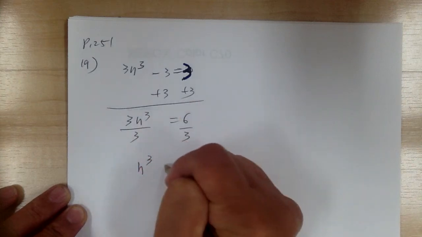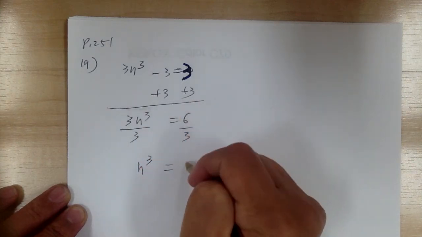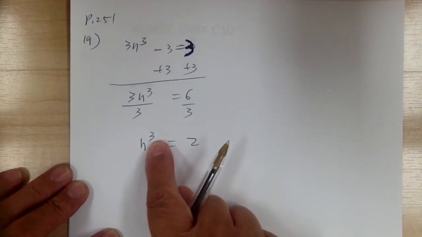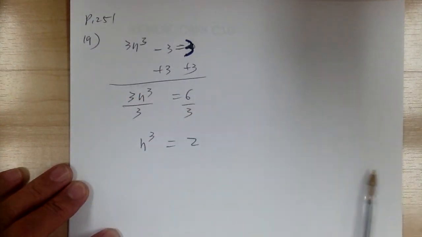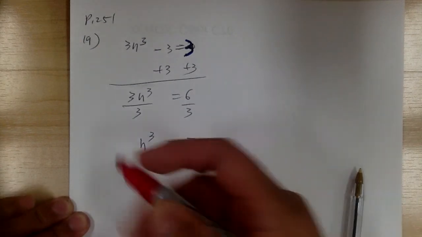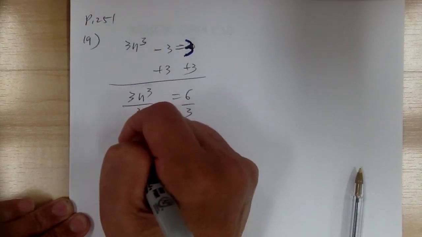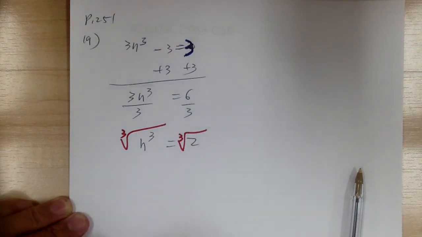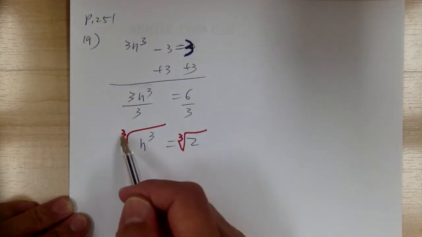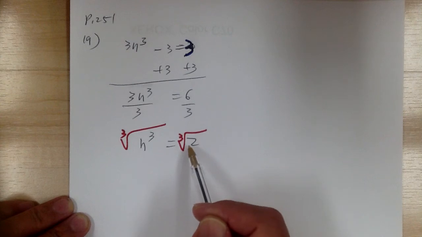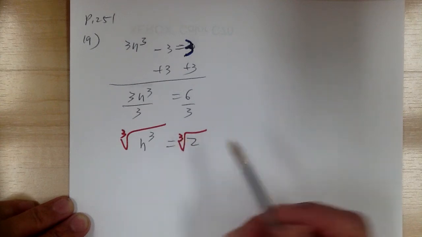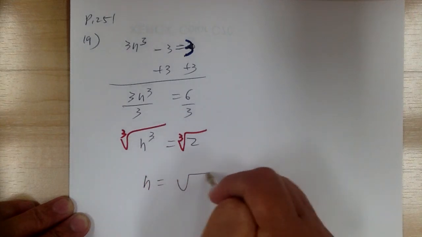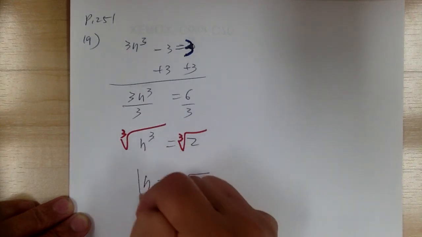So n cubed equals 2. To get rid of the cube, you need to take the cube root. Now, when you're taking the cube root, if the index is odd, you don't have to put plus or minus. If it's even, you have to put plus or minus. So the cube and cube root cancel out, so n equals cube root of 2. And that's it.